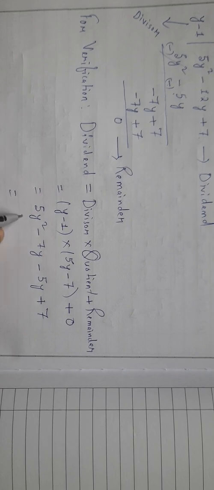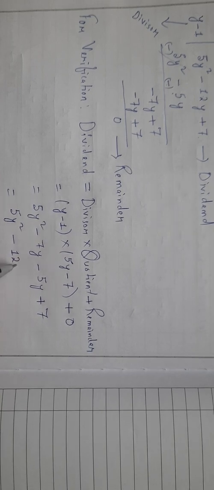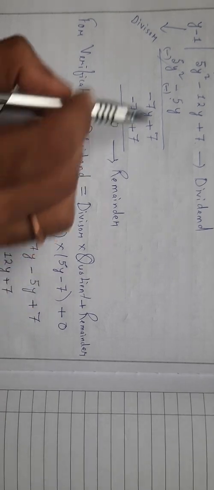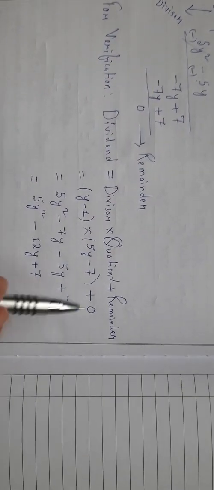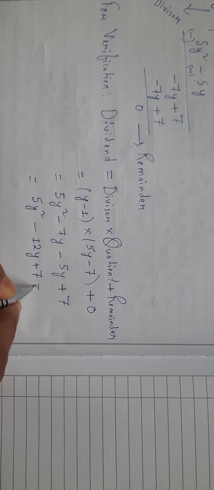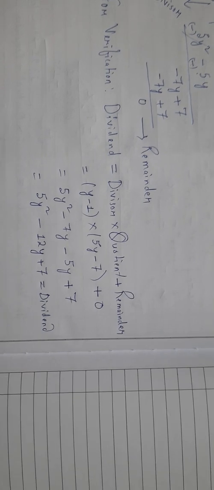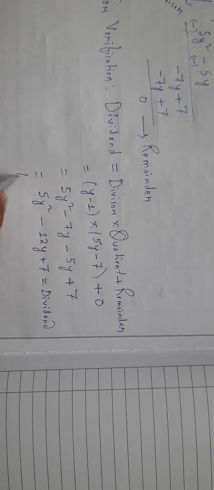So it is 5y square, minus 5 minus 7 is minus 12, so minus 12y plus 7, which is equivalent to our dividend given. Therefore we can say that we have verified our division. Hence verified.